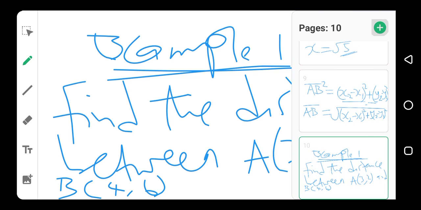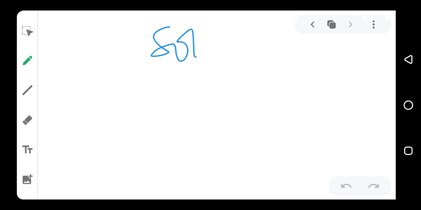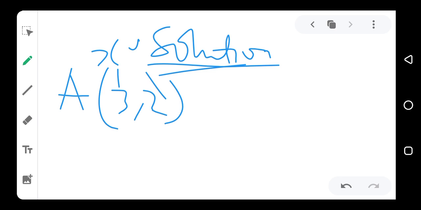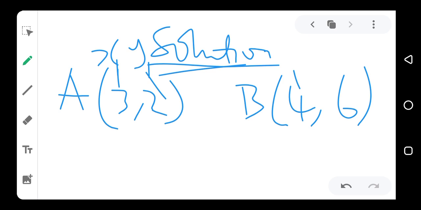Now solution. A is 3,2, which means that this is x and this is y. We can call this one x1 and y1, and then B, 4,6, this is x2 and this is y2.